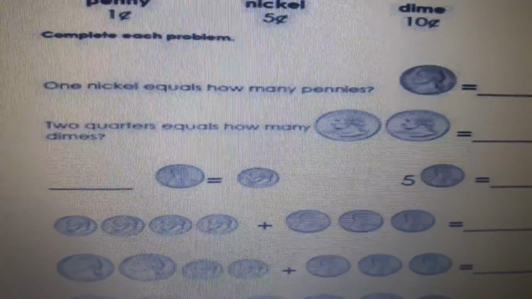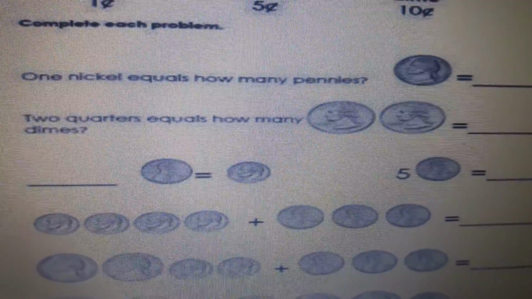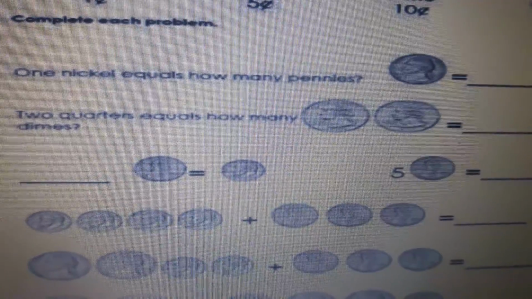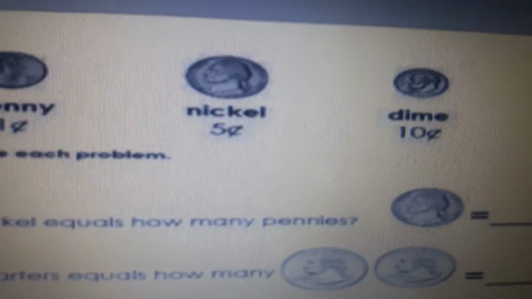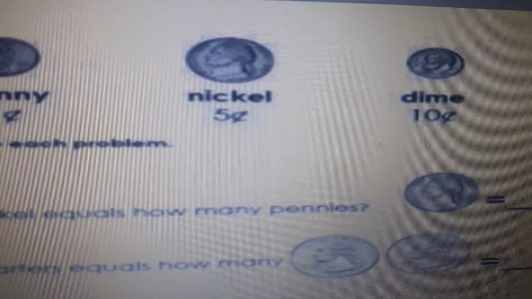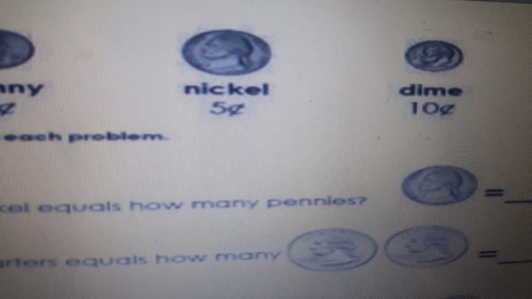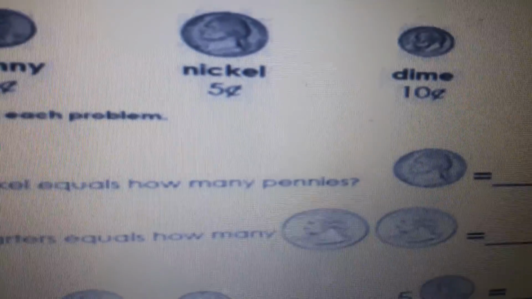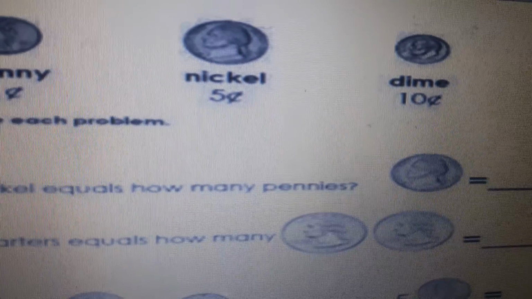Okay, so the first problem, 1 nickel equals how many pennies? Yes, it equals 5 cent, and cent is another name for penny. So it equals 5 pennies.